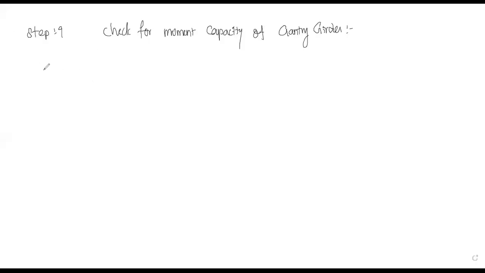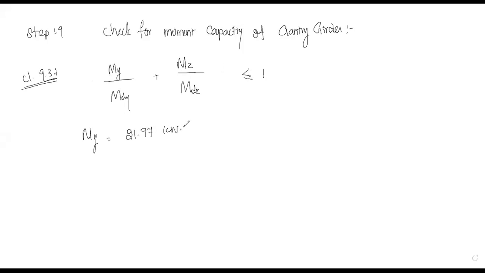So the condition from 9.3.1: My by Mdy plus Mz by Mdz should be less than or equal to 1, whereas My, the lateral direction moment, we have calculated as 21.97 kilonewton meter, and Mz we have calculated as 676.16 kilonewton meter. Now we have to calculate Mdz and Mdy.